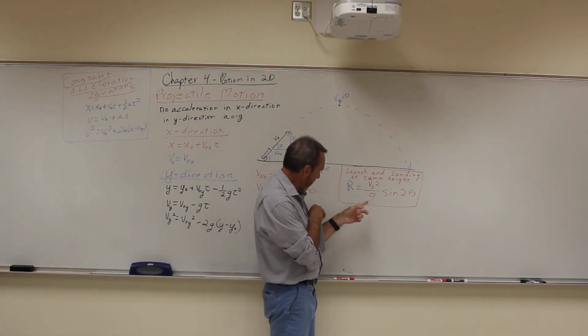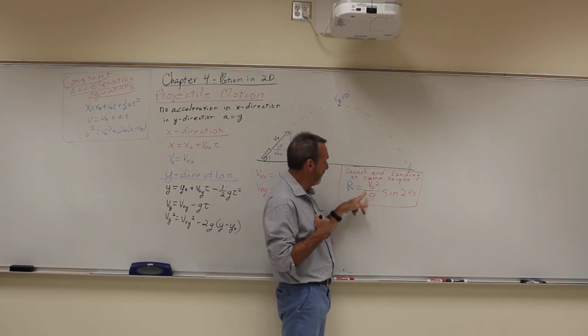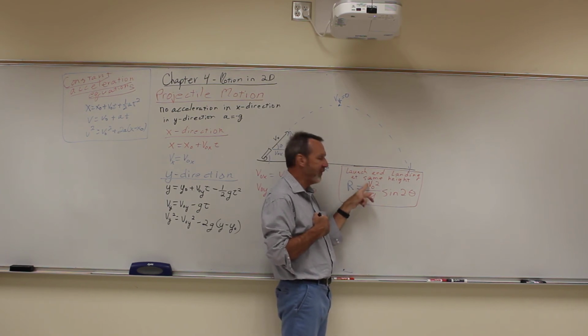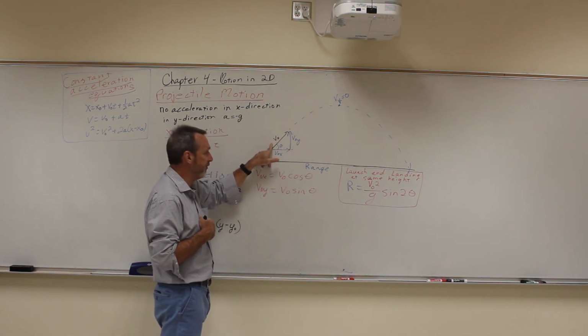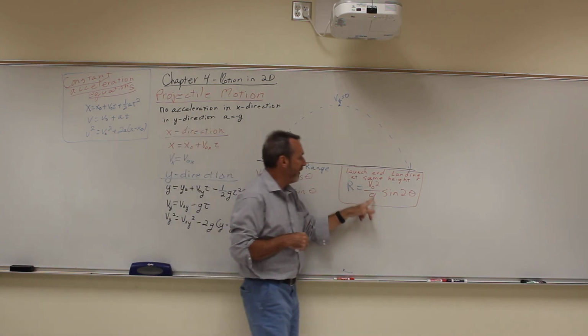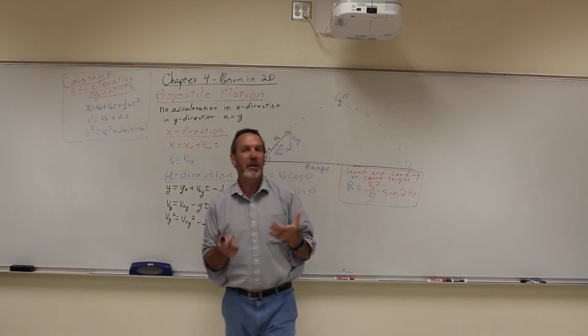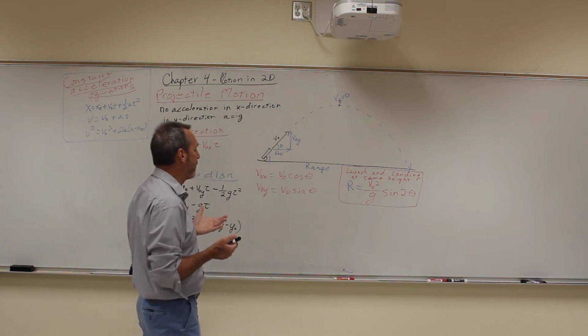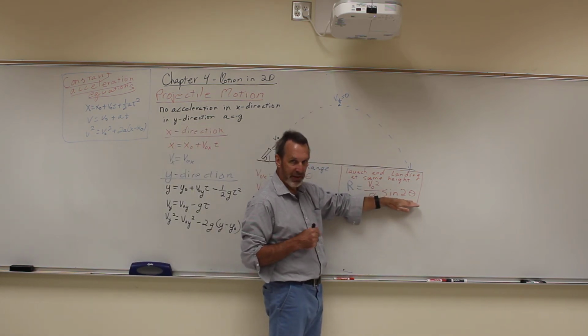Notice what this tells us, though, is that the initial velocity squared divided by g, right? This doesn't have any components. This is the initial velocity. It's not v0x or v0y. It's just v0 divided by g, and then the sine of the angle. So what would give us the maximum range? The maximum range occurs where you get this term to be the biggest.